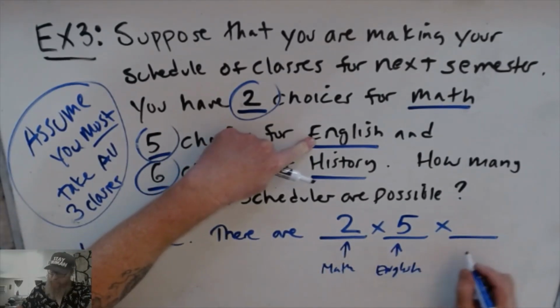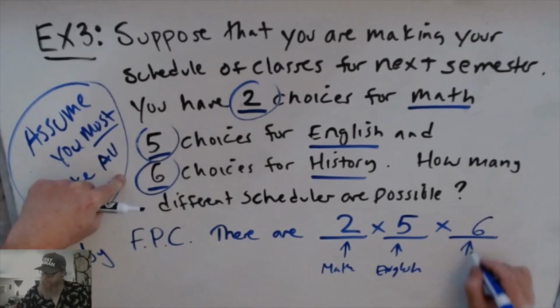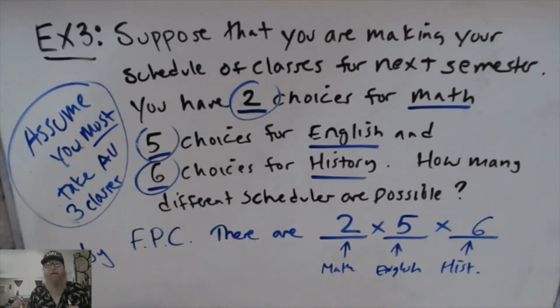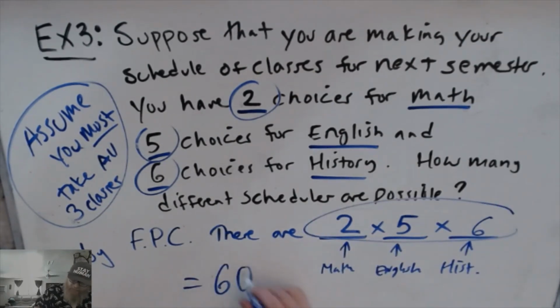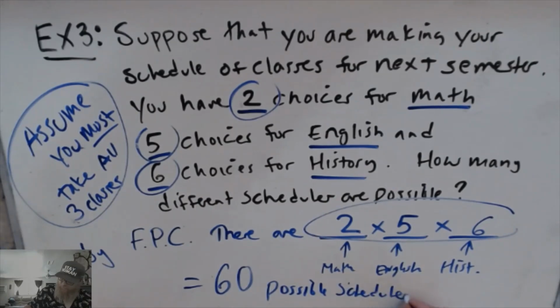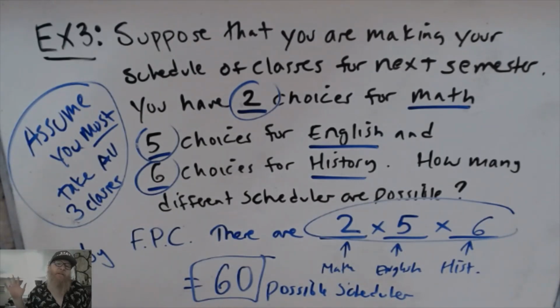And 6 choices for history. And so altogether, there are 60 possible schedules. 2 times 5 times 6. Much easier than making a list of all the different possibilities and exhausting yourself with them. You have 60 possible schedules of these 3 classes.